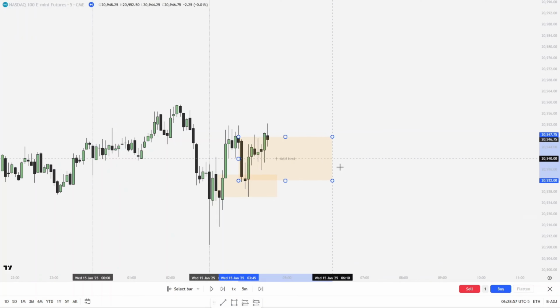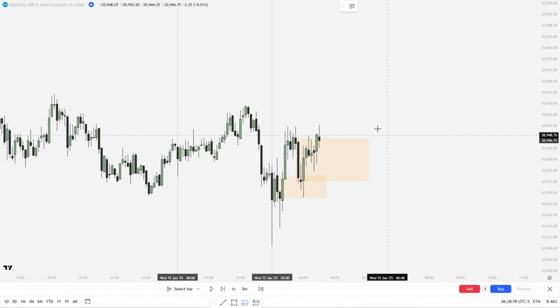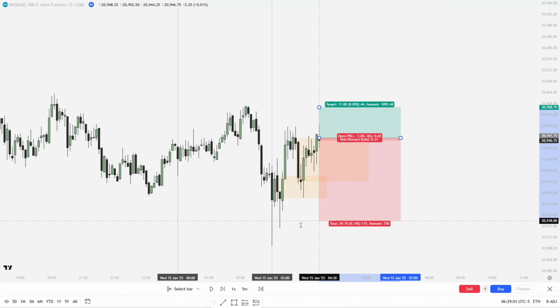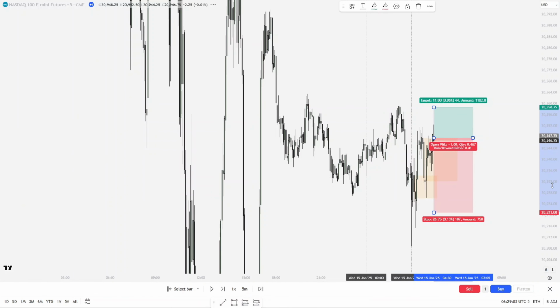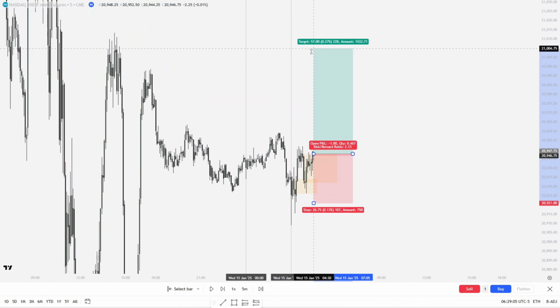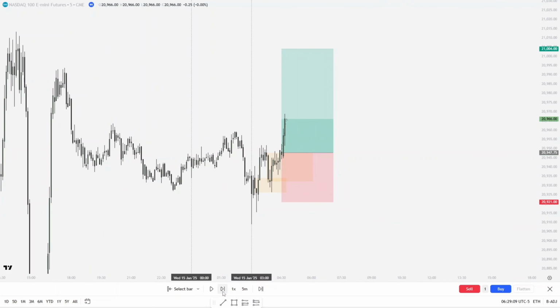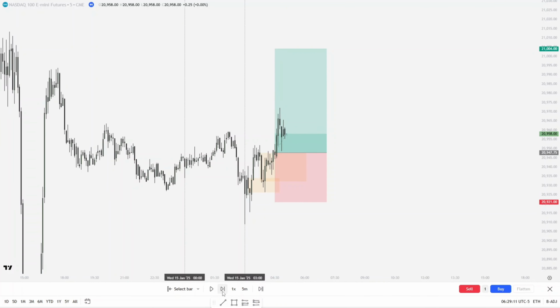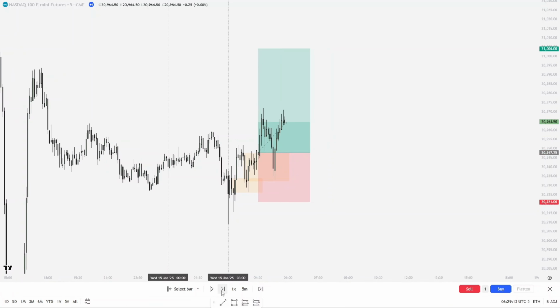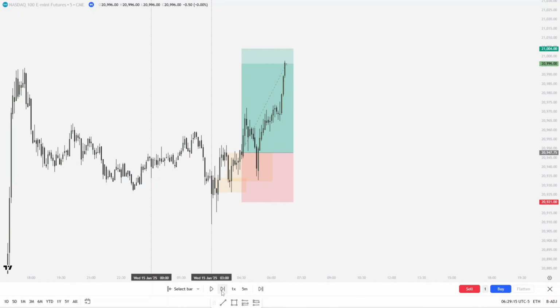Let me just enter here and then put my stop loss and then TP here 1:2, right? So you can see the price actually supporting. Yeah, you can see the drawn liquidity has been hit.